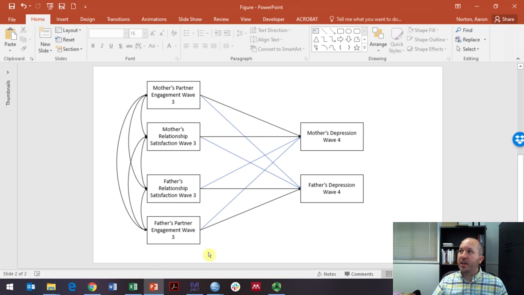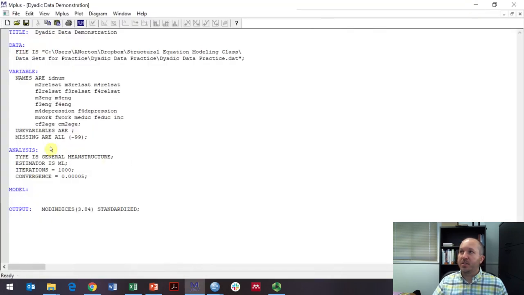So in our model, again, when you do your syntax, you're going to start at the end and then say on, and add every variable that has an arrow going into it. You're going to include that over. So what we can see here is both mother's depression and father's depression have the same variables loaded onto it. So we can use our copy and paste function to make this much easier.